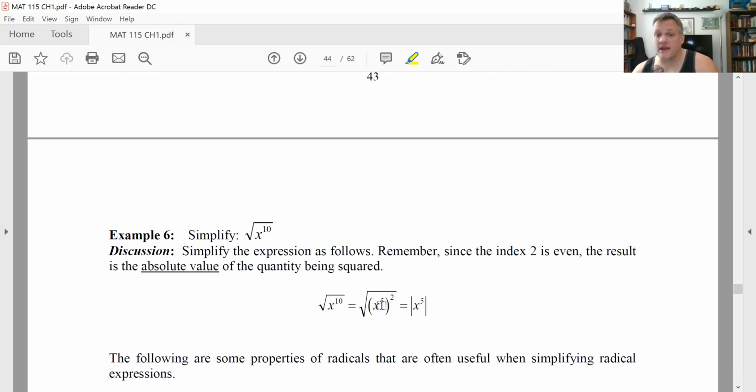Problem is, what if x were negative? If x were -2, -2 to the 5th power really is -32. So we know that the square root of something can't be -32 just by our convention. And so to avoid that issue, I'm going to put absolute values around the thing being raised to that 2nd power.